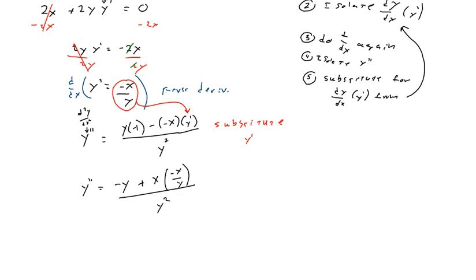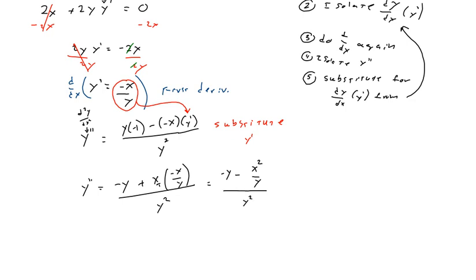Okay? Plugged in the y prime. We could simplify this a little bit more. So I can keep going a little simplifying, right? This x times negative x over y, this is like x over 1. So this becomes negative y plus, minus, I guess, x squared over y squared.